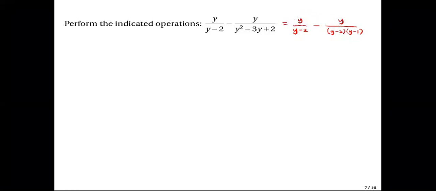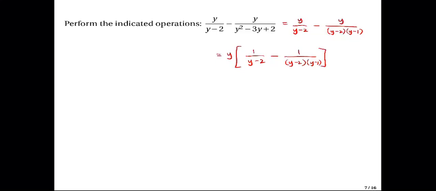If we do that, you'll just have y times the quantity of 1 over y minus 2, and then you have here minus 1 over y minus 2 times y minus 1.